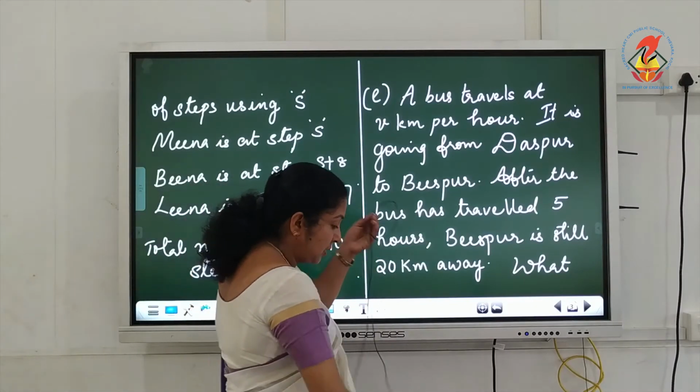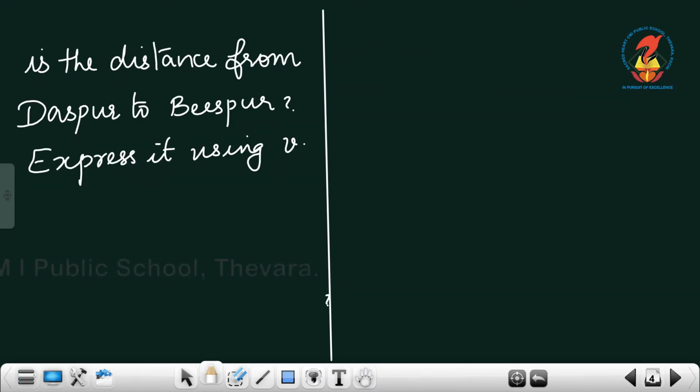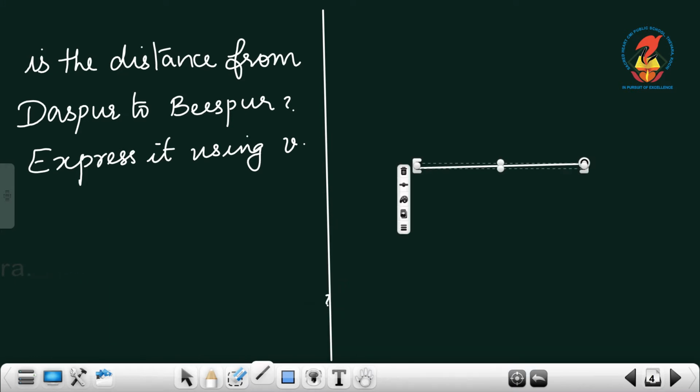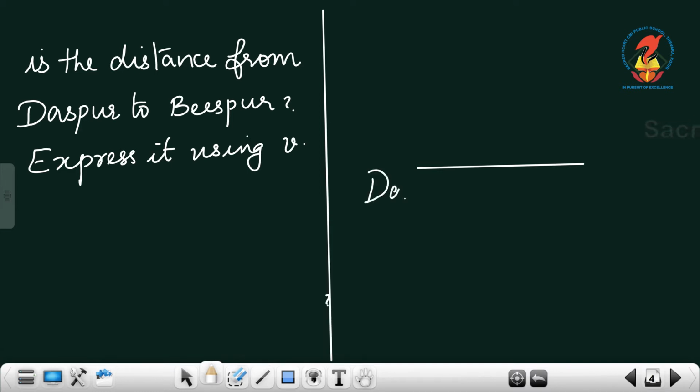Then the next one is subdivision E. A bus travels at V km per hour. It is going from Daspur to Bispur. After the bus has travelled 5 hours, Bispur is still 20 km away. What is the distance between Daspur and Bispur? I am marking Daspur and Bispur.